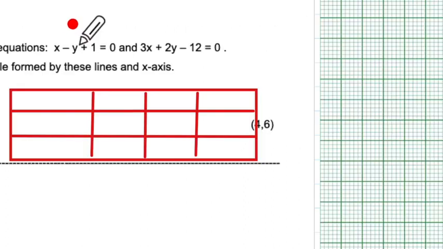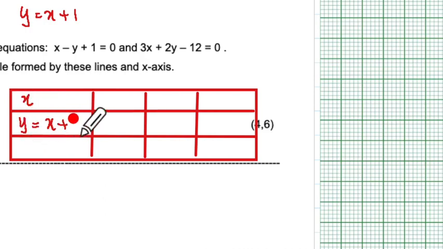Okay, so our first equation here is x minus y plus 1 equal to 0. So we are going to bring y this side and it will be equal to x plus 1. So we will write the value of x, we'll write the value of y, which is x plus 1, and the point to plot will be x comma y.